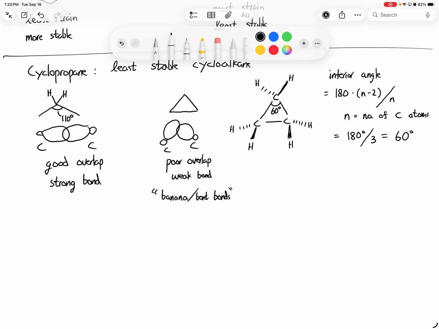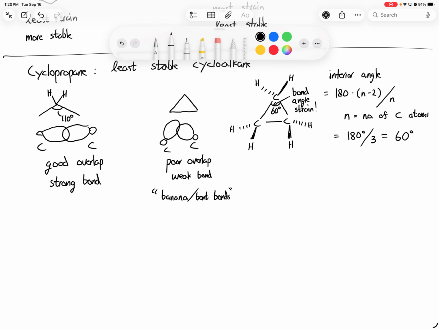So that's a 50-degree bond compression, and that requires a lot of energy. So there's going to be a lot of energy in cyclopropane just because of that. That's where the angle strain comes from. Bond angle strain.